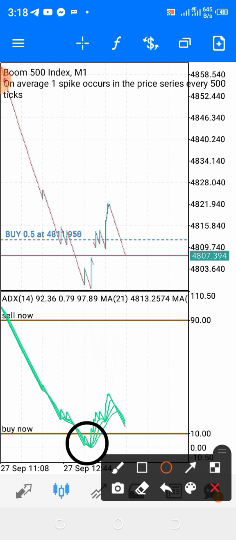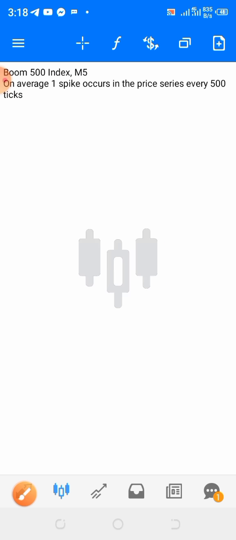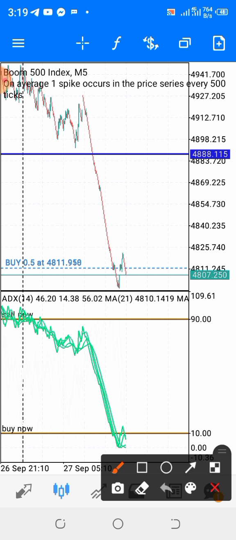Then if they are touching level 10, you go to the 5 minutes time frame. You see all of them are under this level 10, right? Good. All these green lines are under level 10.